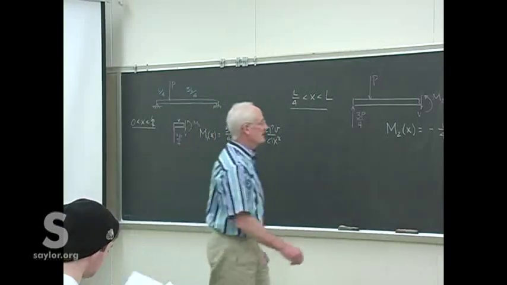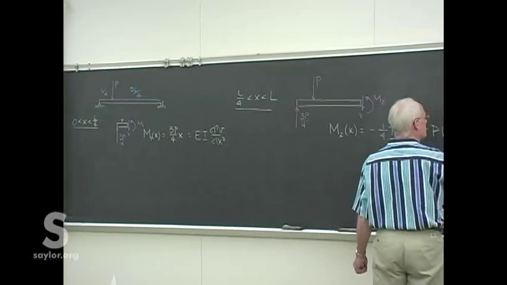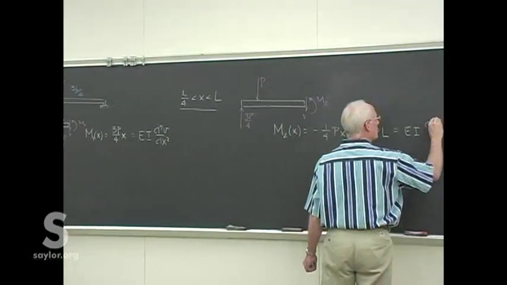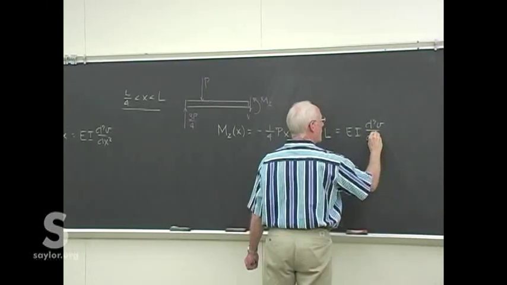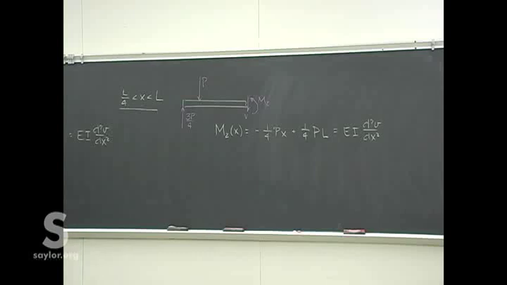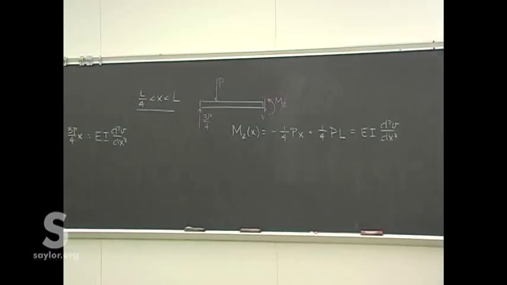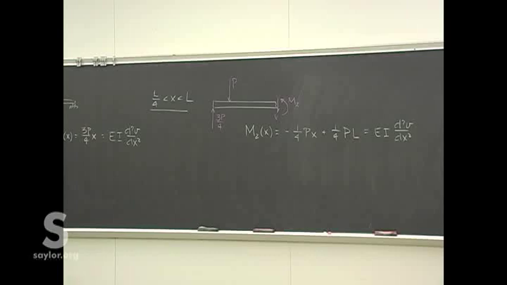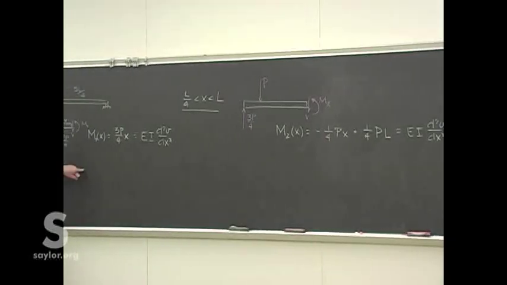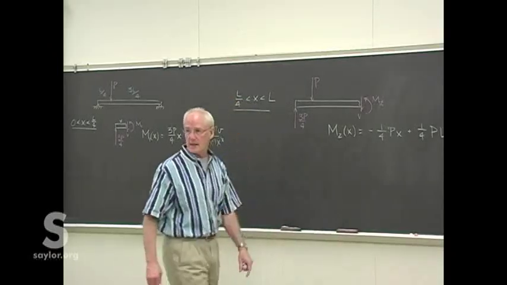And then we've got to do the same thing for this one. Whatever this beam happens to be determines EI. So we're going to have two constants of integration from the left side. We're going to have two more constants of integration on the right side.